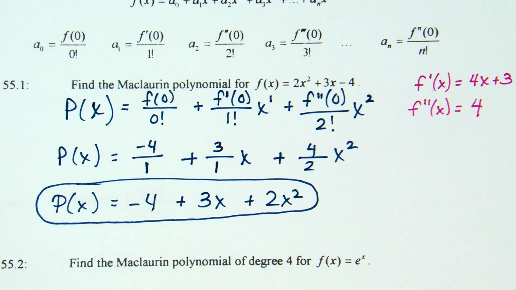Example 1 was more an exercise of how this works, because it's just going to work out to be the same. Now, example 2, is it going to work out to be the same? No. But at least I gave you a little exercise of how that all looks.